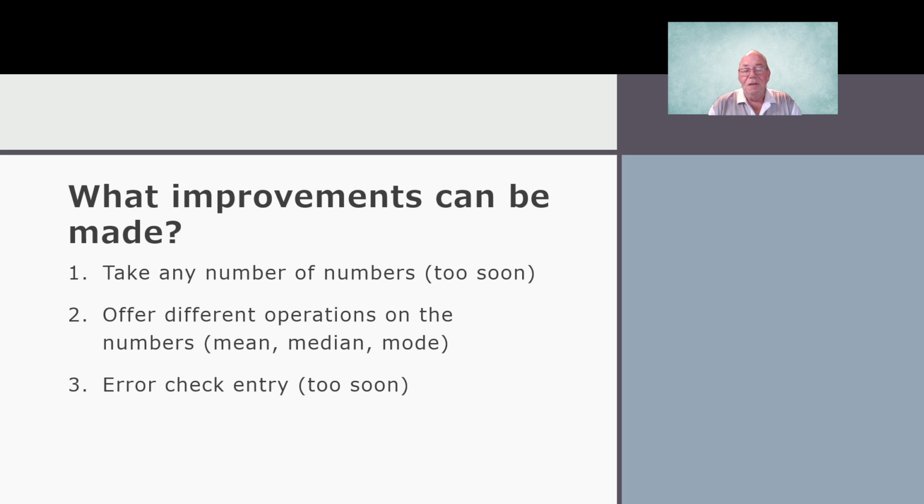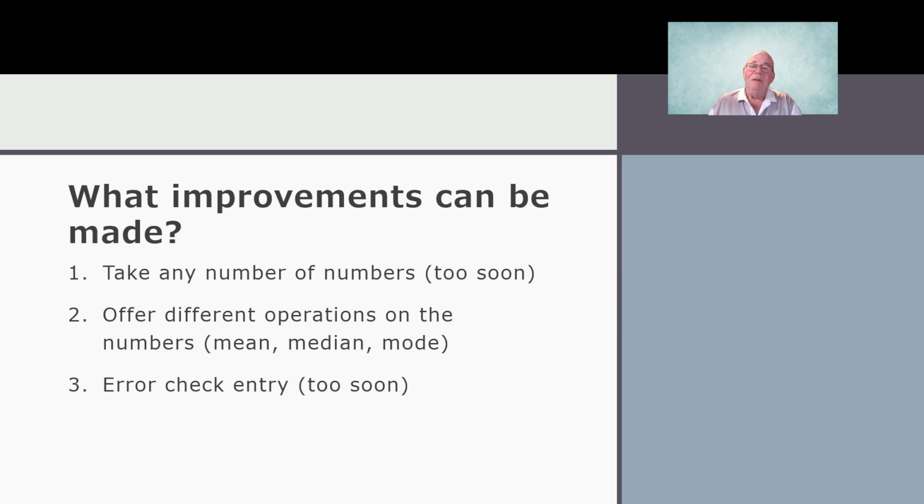Then I got to thinking about error checking, and much of that we're too early on for. But I did manage to slide some in. Actually, it's not in the algorithm, but it is in the program. We'll see it in a few minutes.